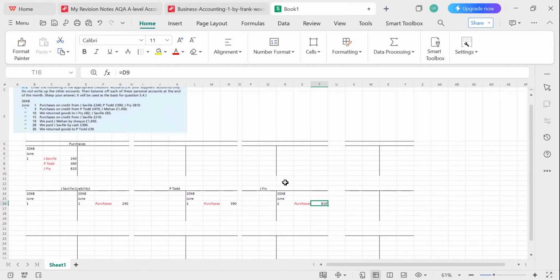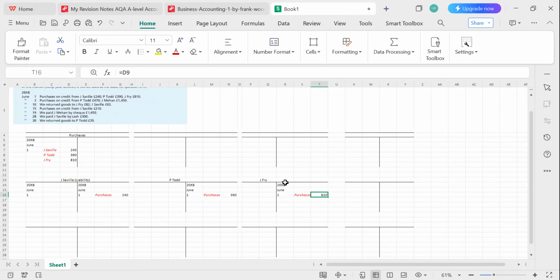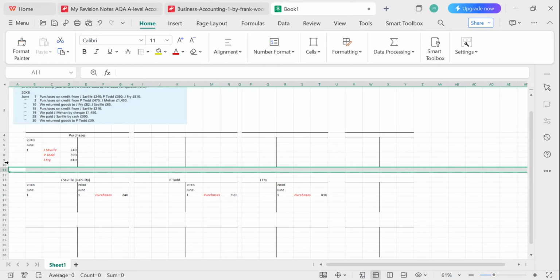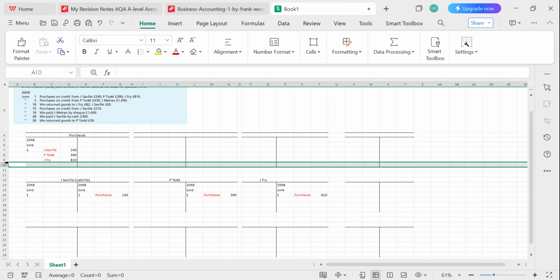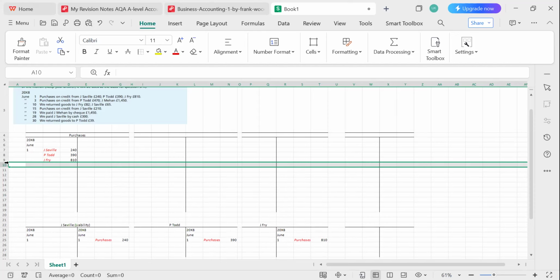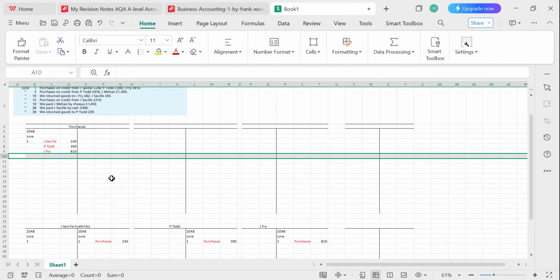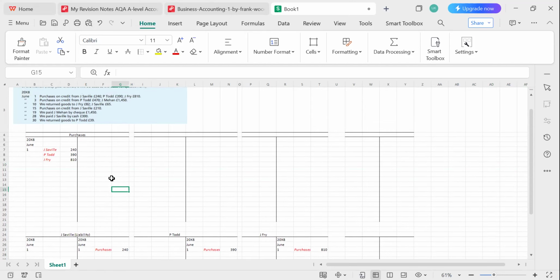Now look at the second one, which is purchases on credit. So we did some more purchases. More entries in the purchases account, and that are again from P Todd, 470. And that's happening on 3rd, so I'm going to write 3 here.